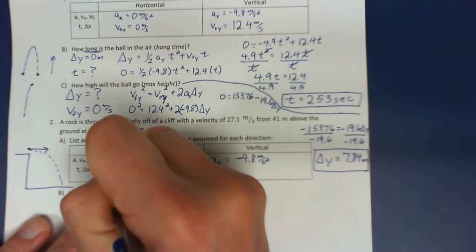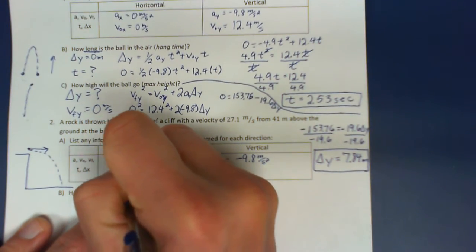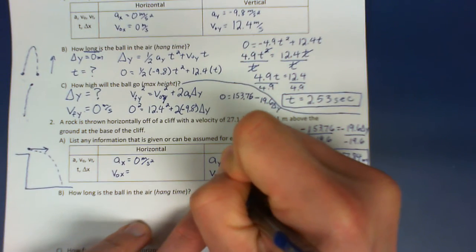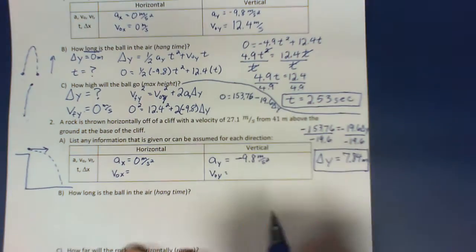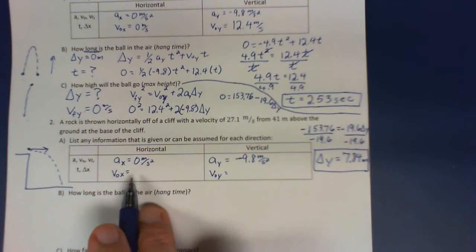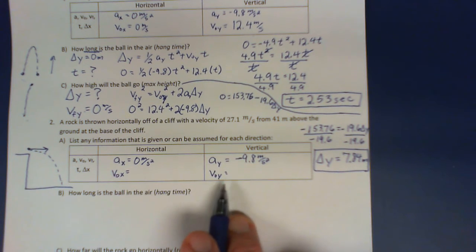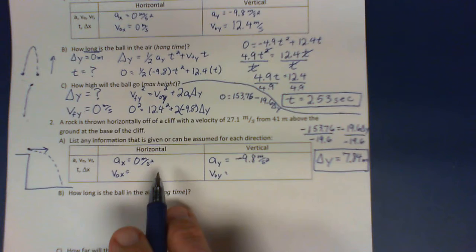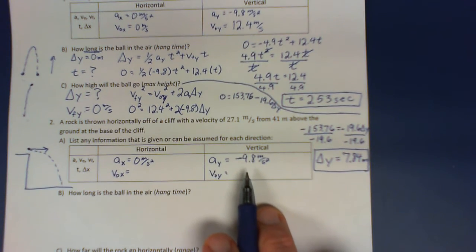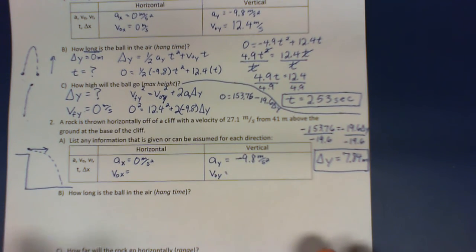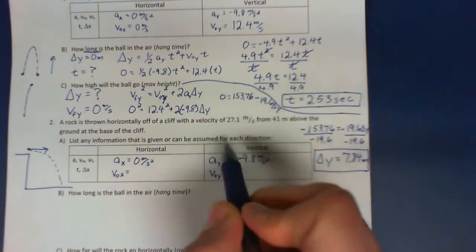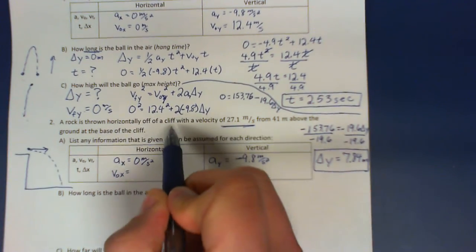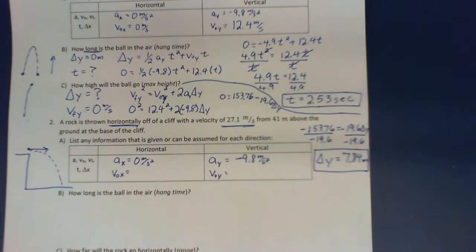For the initial velocity horizontally and the initial velocity vertically. All right, so the initial velocity in the horizontal direction and the vertical direction. This is one of those key things you need to know about projectiles, is that the horizontal and the vertical are independent of each other. They are separate, and the initial velocity given right here, that is the horizontal velocity.